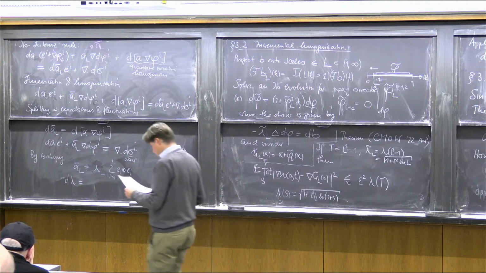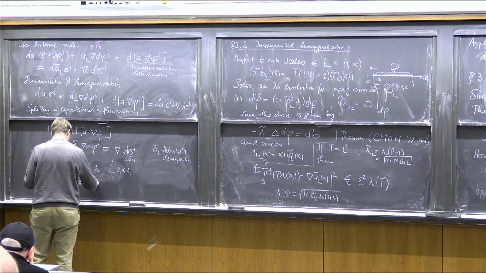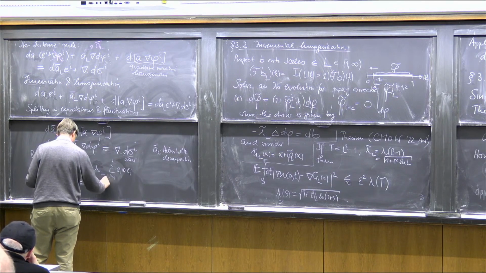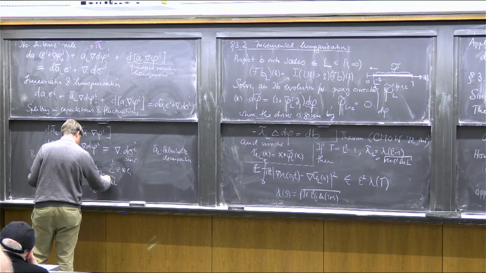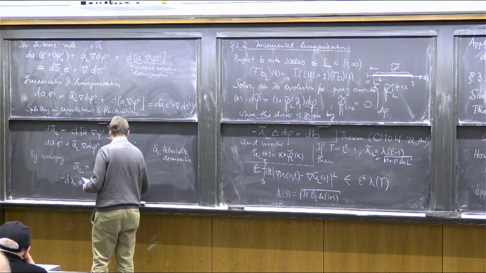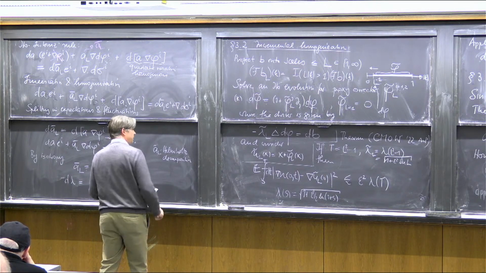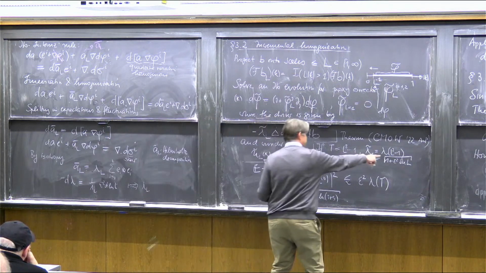Oh, I didn't write it down, but essentially it's, I think, 1 over lambda_L epsilon squared d logarithm of epsilon squared d logarithm of L, which you can then solve, and you find exactly this expression here.